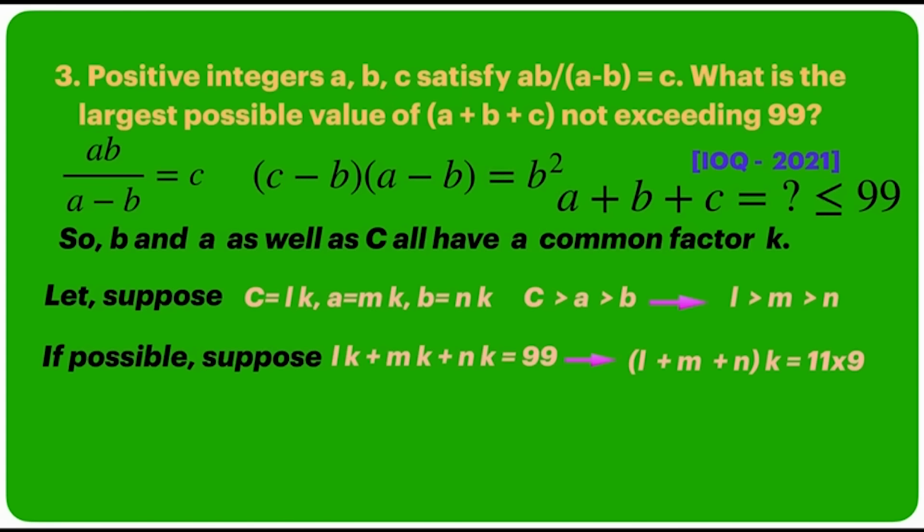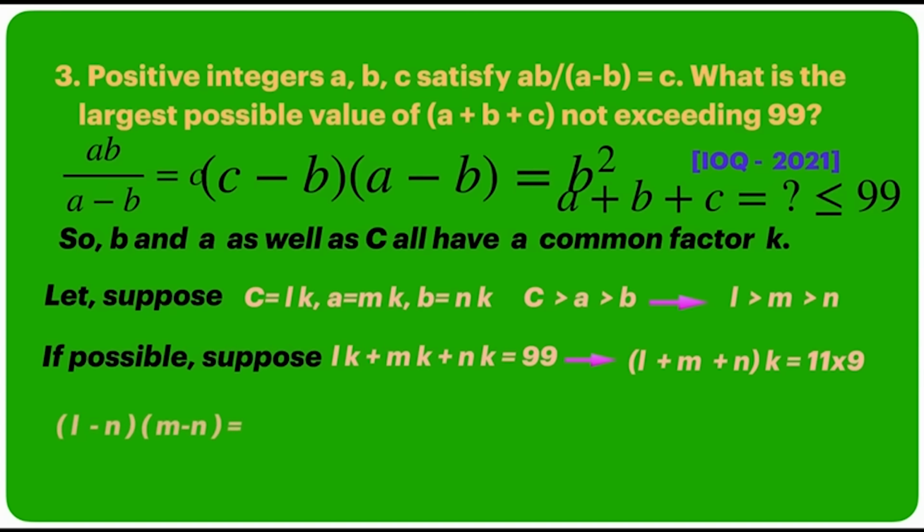And so considering all the conditions, all the equations, that is (c minus b) into (a minus b) equals b square. Yes, (c minus b) into (a minus b) equals b square.